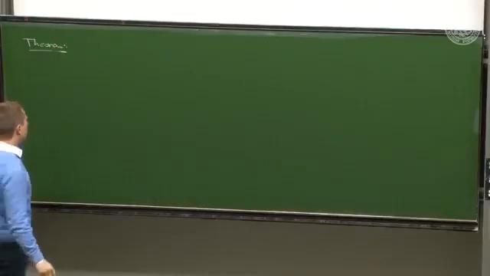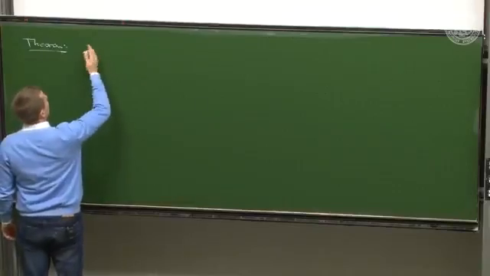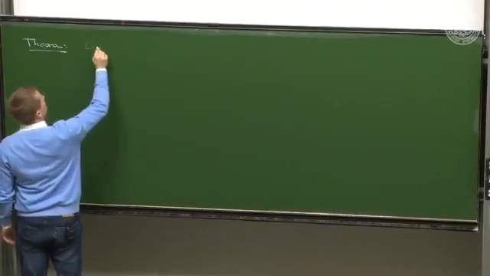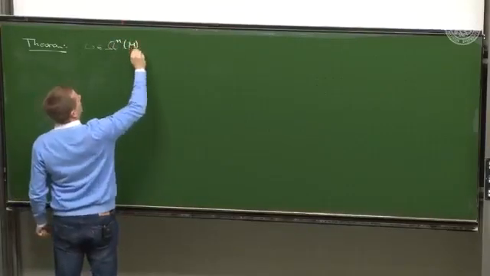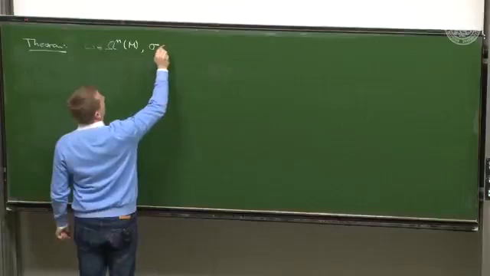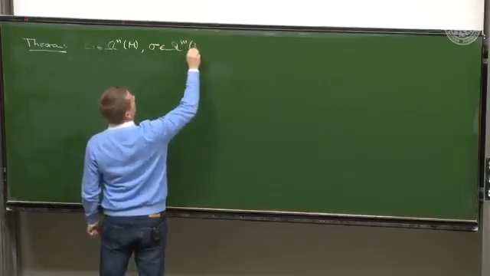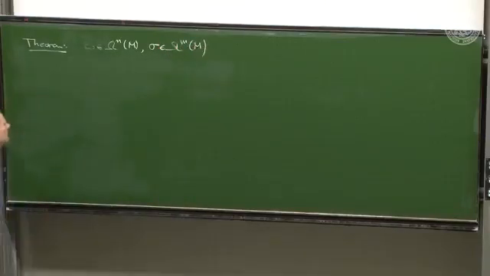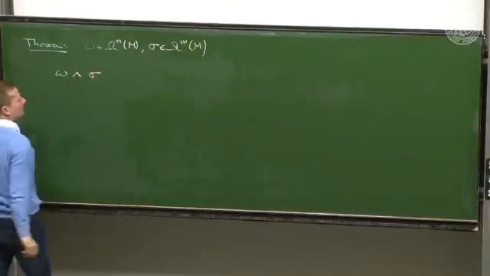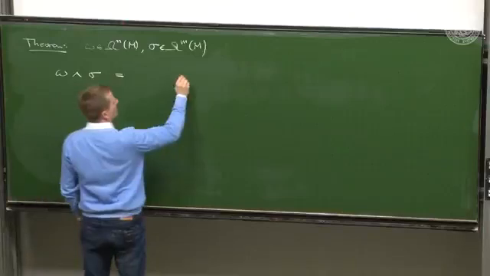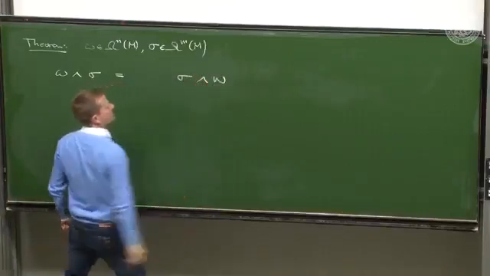So if you restrict to particular n-form subspaces, so if you take omega to be an n form, and you take sigma to be an m form on a smooth manifold, then you find that omega wedge sigma is, well, you want to compare this to sigma wedge omega.